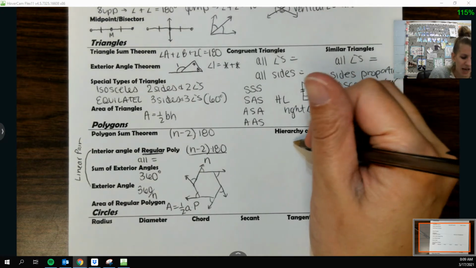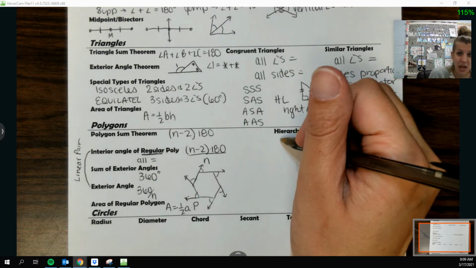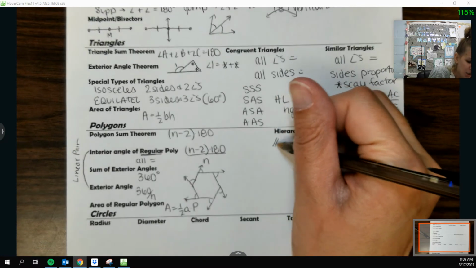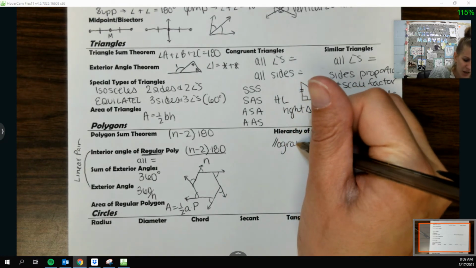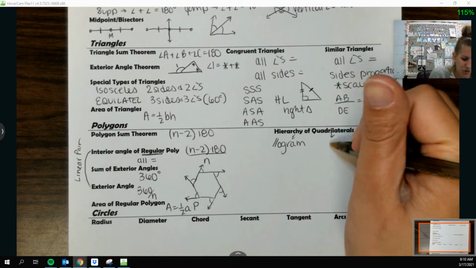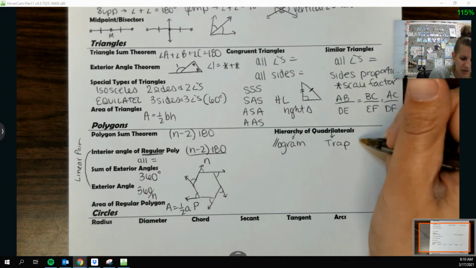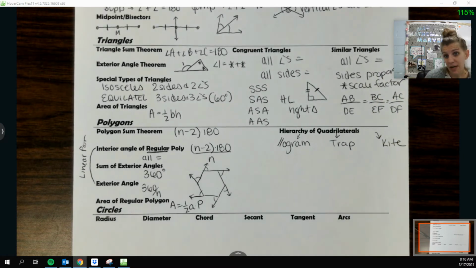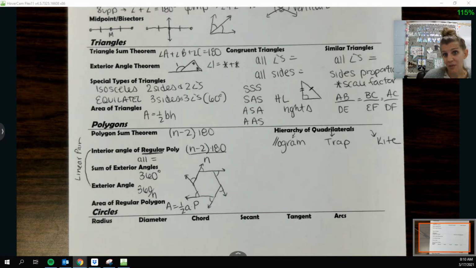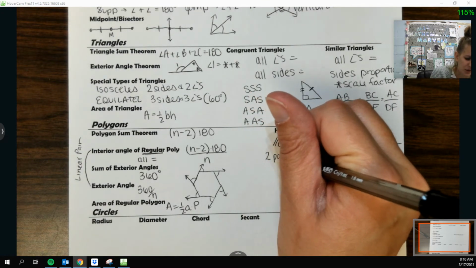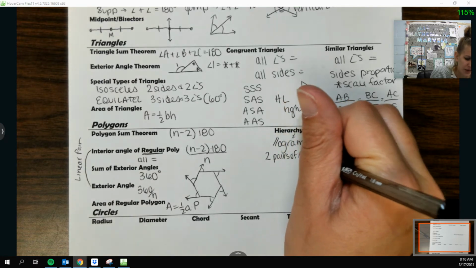The hierarchy, or family tree, of quadrilaterals is you can either be a parallelogram, a trapezoid, or a kite. The way we differentiate is by how many pairs of parallel sides. This has 2 pairs of parallel sides.